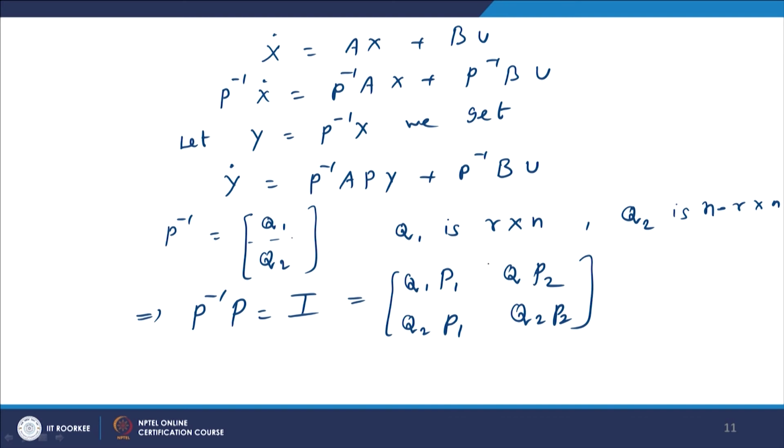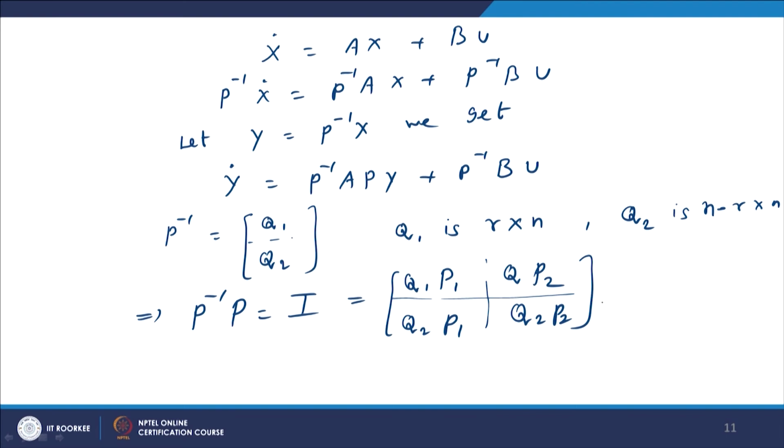These are block matrices. Q1 is of the size R cross n, and P1 we have already seen is n cross R, so the first one is a square R cross R matrix.